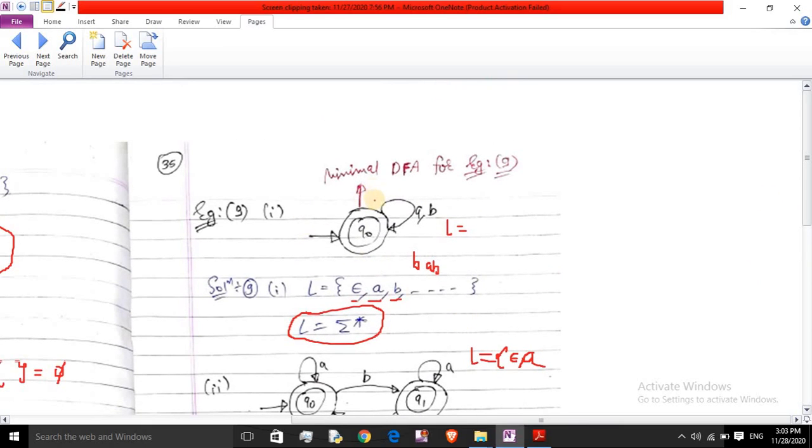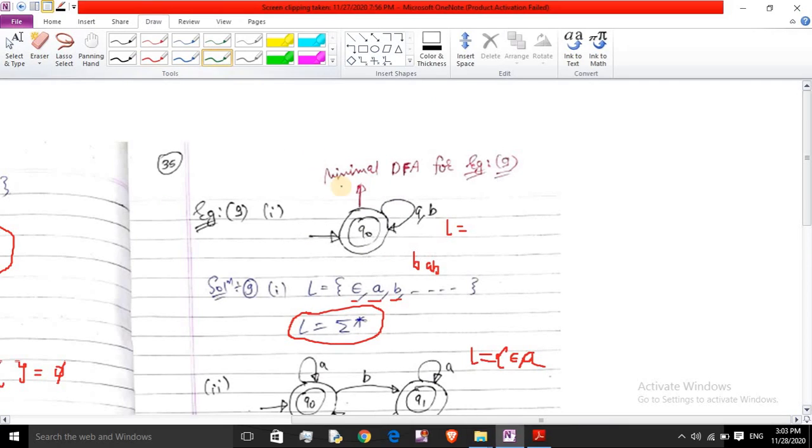This is the minimal DFA. What does minimal DFA mean? The minimum number of states should be there. I have already told you, for a single given language many state machines are possible, but this is a minimal DFA with the minimum number of states.